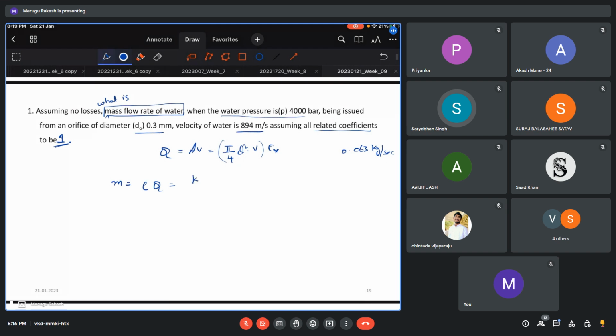Whatever you get in kg per second or kg per minute, you'll get the mass flow rate. This is the volume flow, the volume discharge, right? Q. Multiplied by 1000.